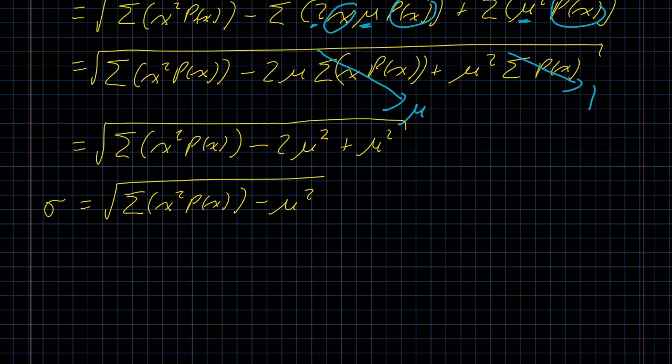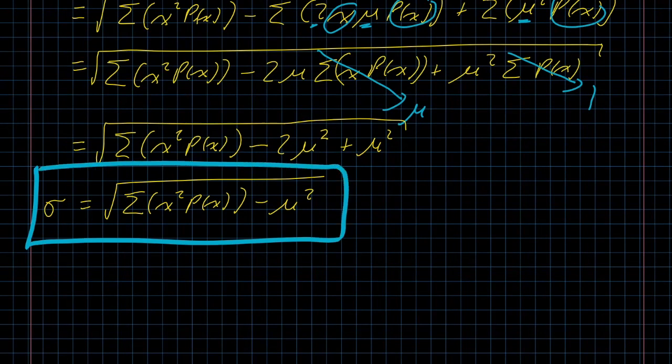And if I have a minus 2 mu squared and I have a plus mu squared, then I can just do some combining like terms and get minus mu squared out of it. And we have a shortcut formula for calculating the standard deviation of a probability distribution.